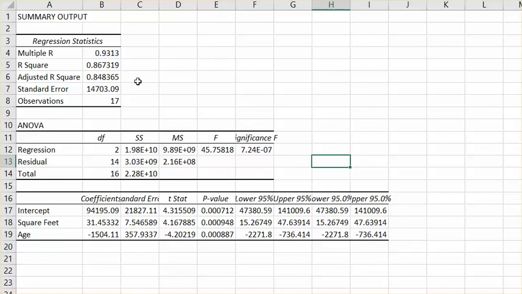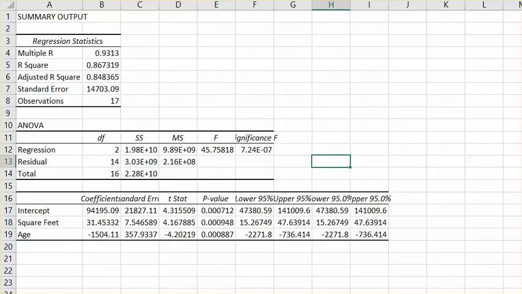My point being, when we went from age alone at 70% to square footage and age, we went to 84%, almost 85%. So we have increased the amount of variability that we have explained away. That's positive. That's what you always want to see.